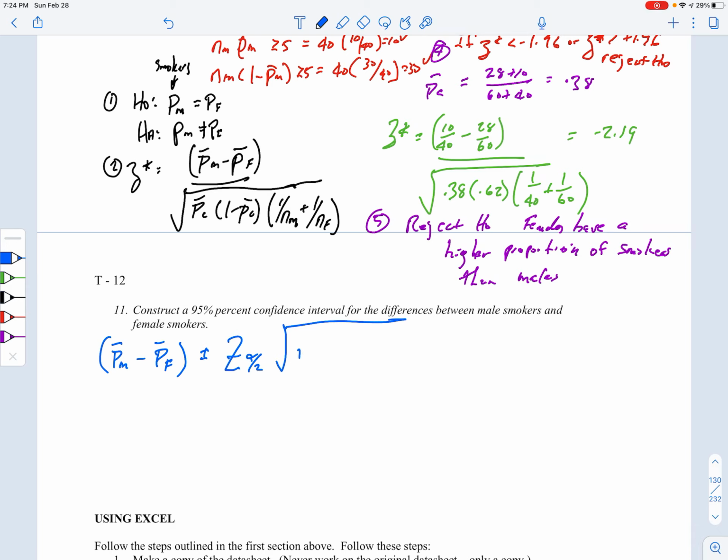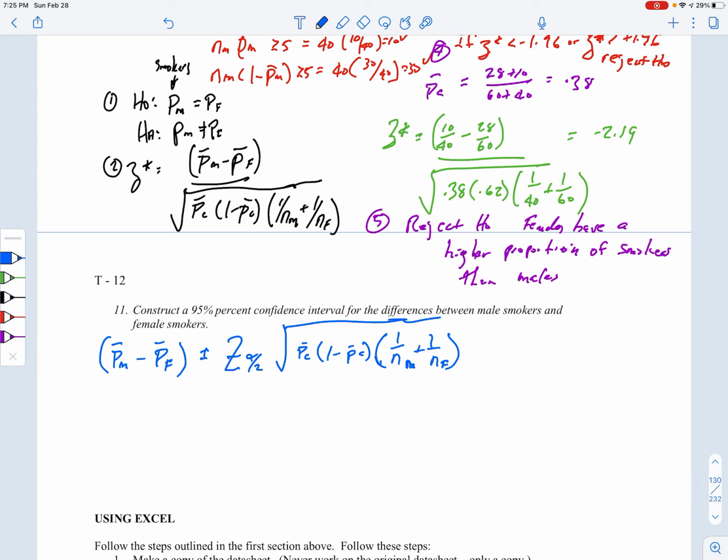And then we have the PC bar times 1 minus PC bar, and then times 1 over N M plus 1 over N F.